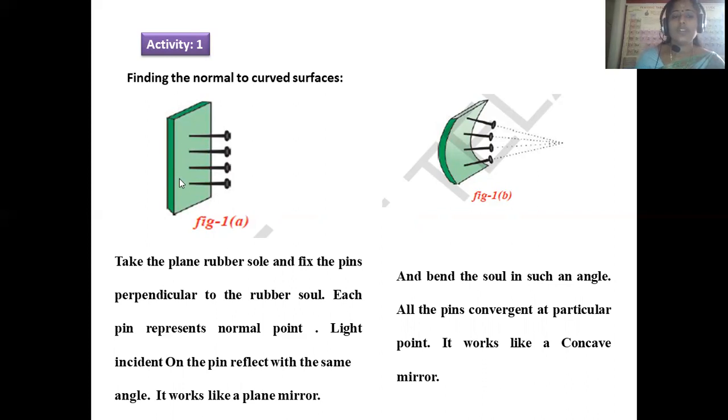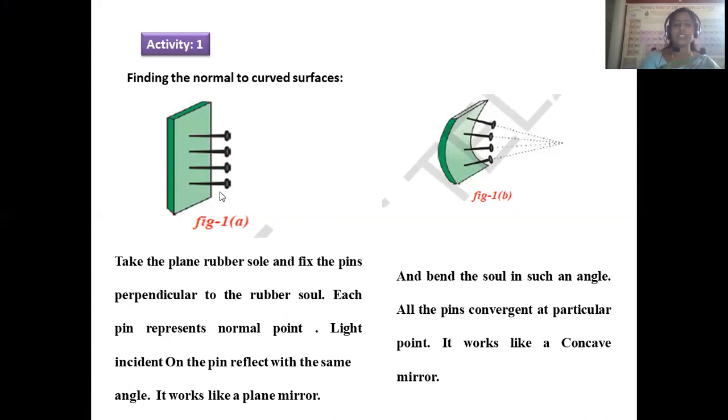So now you can consider this as a plane mirror. This is figure 1A. Take a plain rubber sole and fix the pins on the surface. Those pins should be perpendicular. What is meant by perpendicular? Perpendicular is nothing but making a 90 degree angle from the surface. So here, perpendicular to the rubber sole, each pin represents a normal point. Each pin is the normal here.